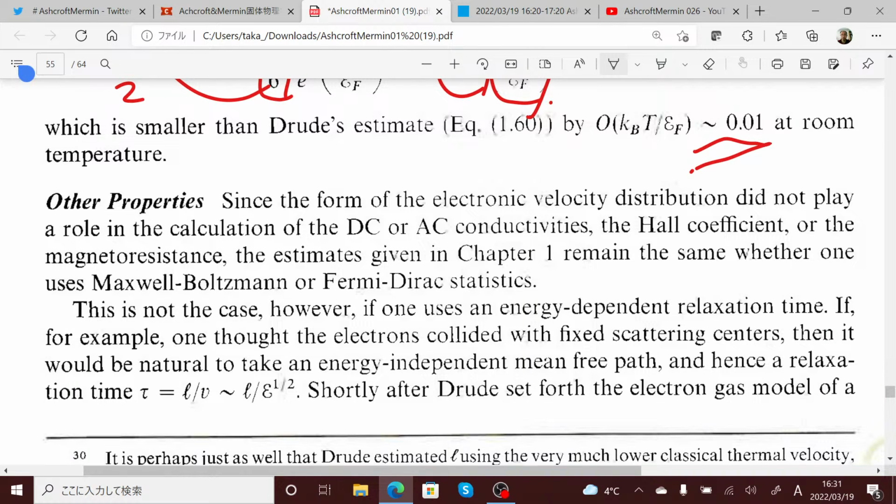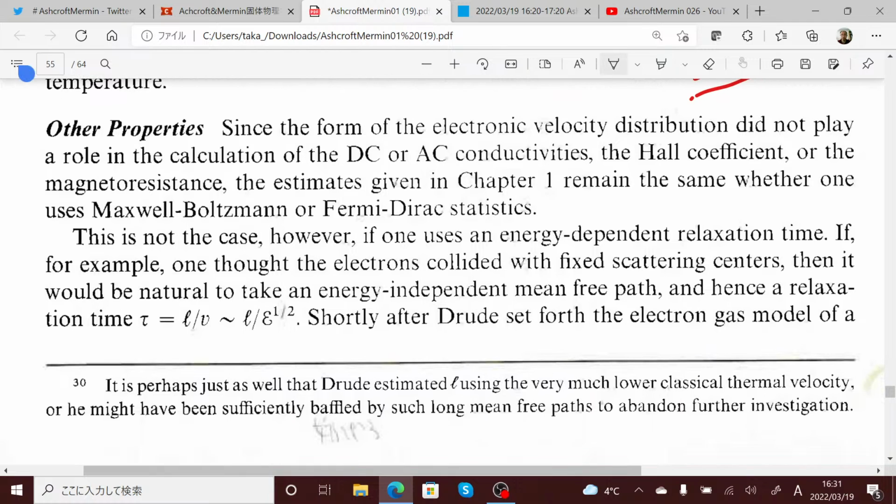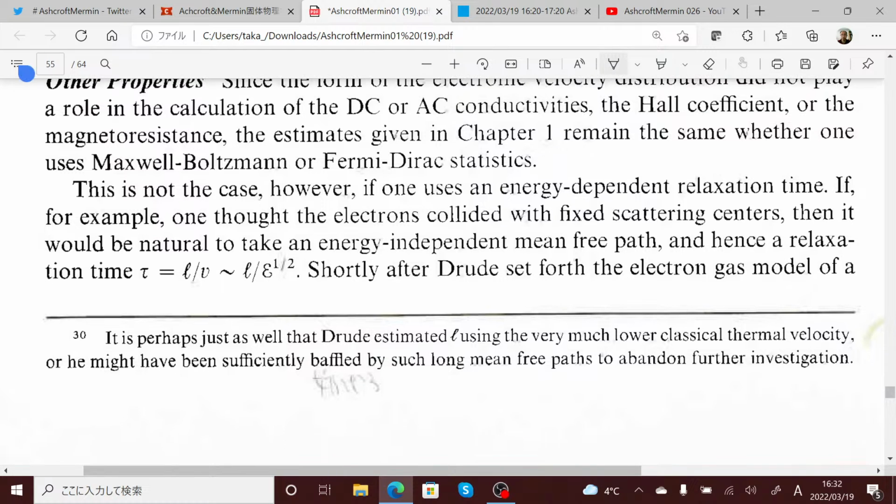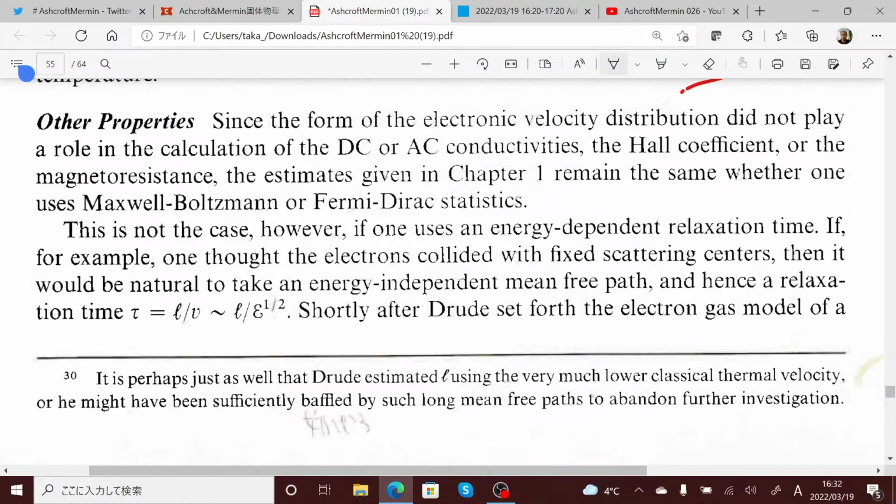Since the form of the electronic velocity distribution did not play a role in the calculation of DC or AC conductivities, the Hall coefficient, or the magnetoresistance, the estimates given in Chapter 1 remain the same, whether one uses Maxwell-Boltzmann or Fermi-Dirac statistics.